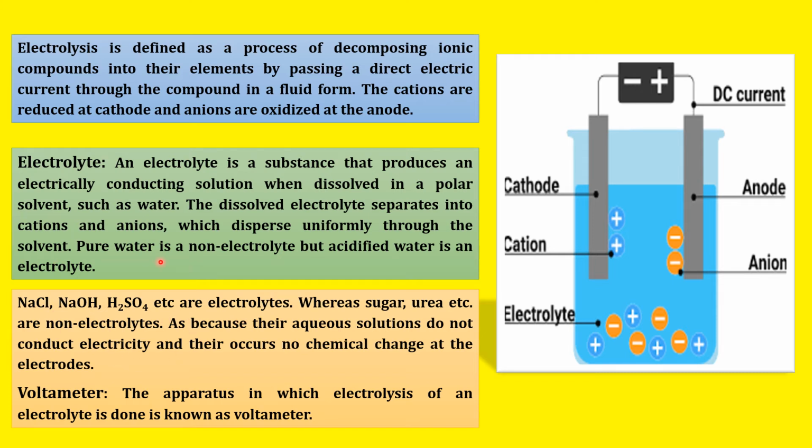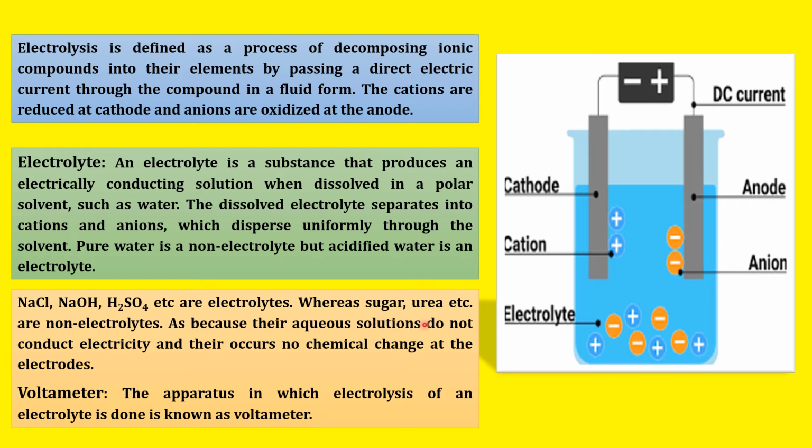And H2SO4 will be dissolved into H plus and SO4 2 minus, so H plus is the hydrogen ion as cation and SO4 2 minus is the sulfate ion as anion.